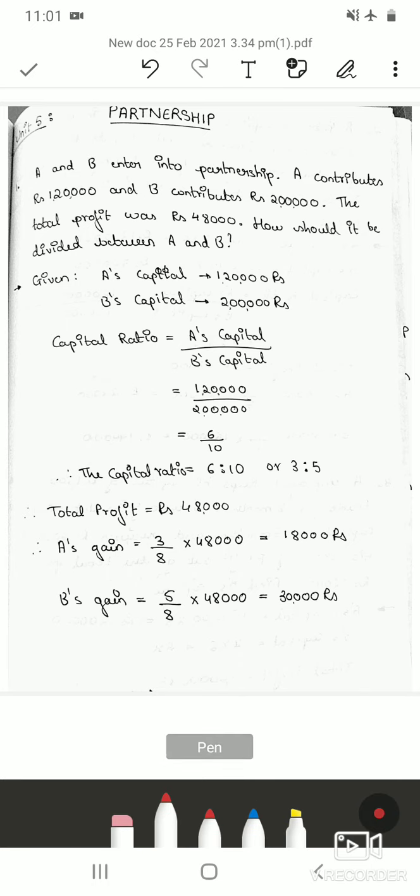So here they have given there are two partners and they have given the contribution, that is the capital. So they have given A's capital as rupees 1,20,000 and B's capital as 2 lakh rupees. Then they have asked the total profit is rupees 48,000. How should the total profit be divided between A and B?